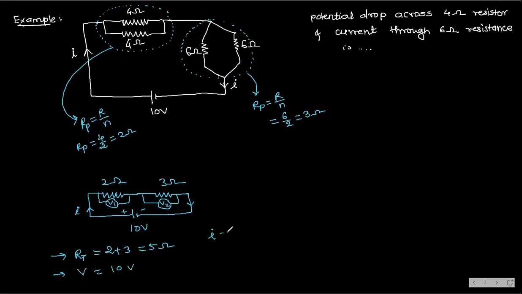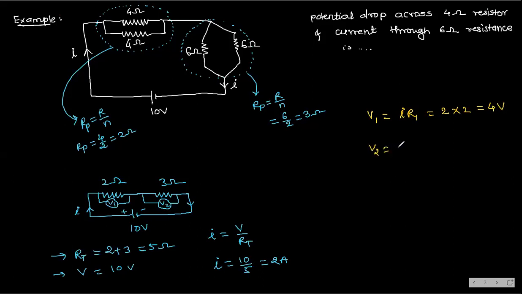So circuit current I is equal to V by RT, which is 10 by 5, equal to 2 ampere. Okay, current we got. Now I want to find V1. So V1 is equal to I into R1. I is 2, R1 is 2, so this is equal to 4 volt.